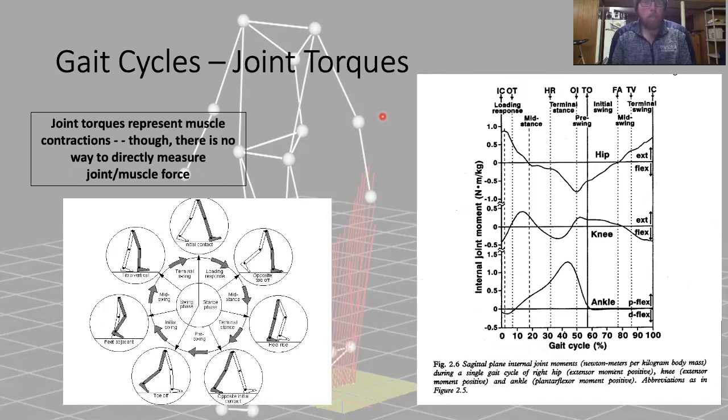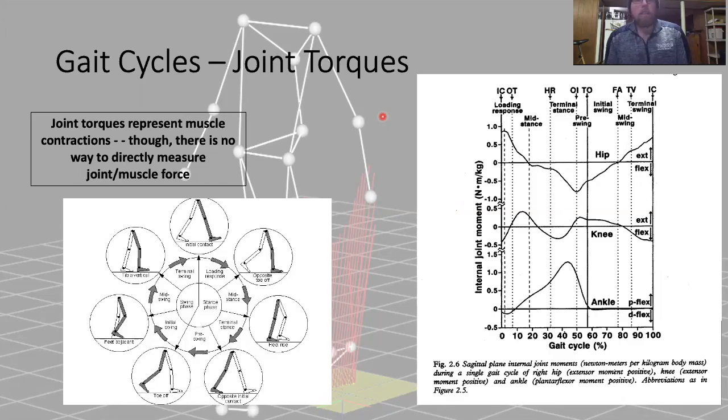You can't measure torque directly in the muscles, because you would have to open the body up and measure how far away the origins and insertions are from the joints, and measure the amount of force being applied in real time, and you just can't do that.